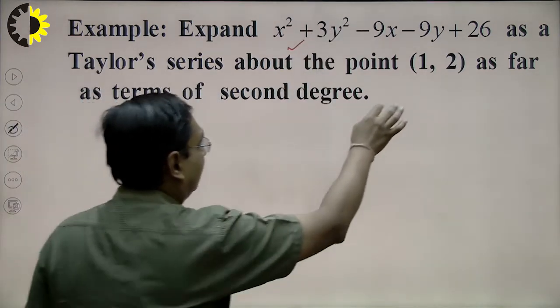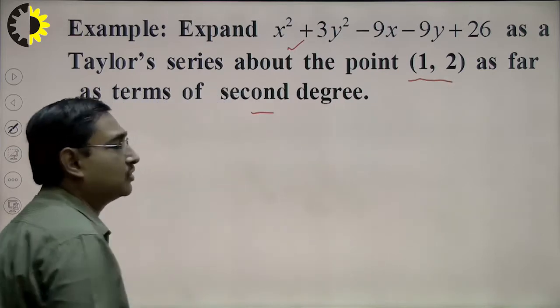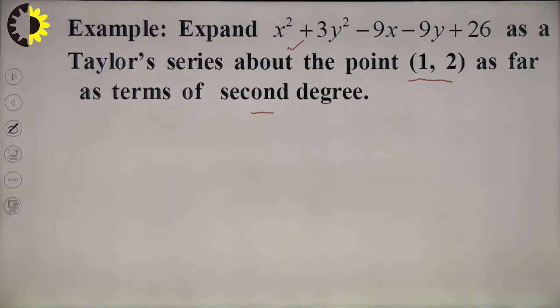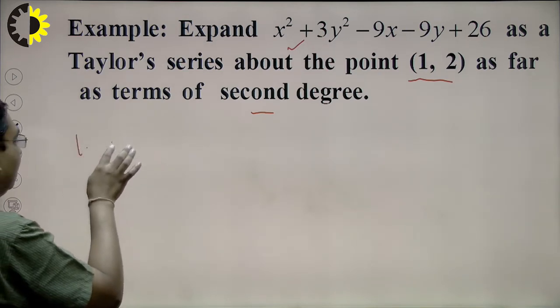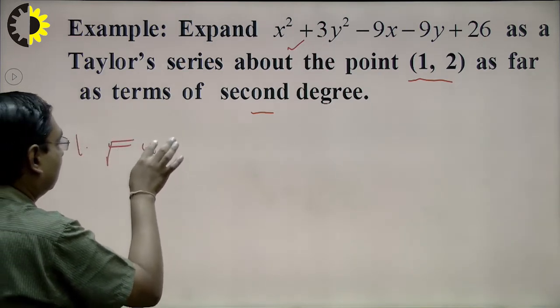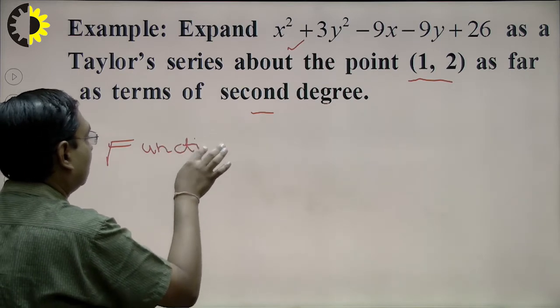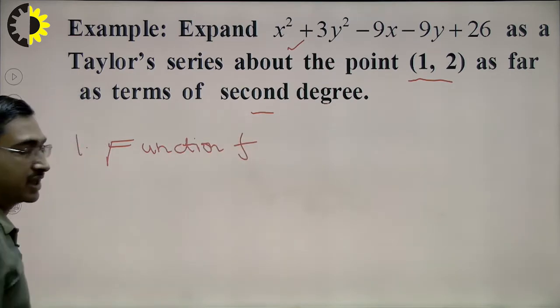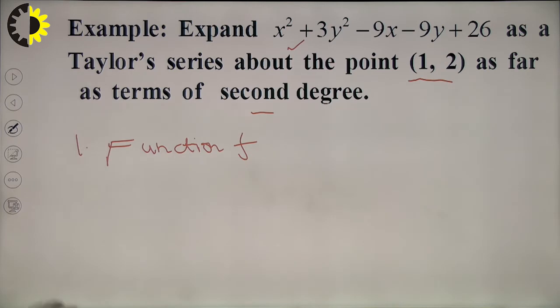We were to expand about this point up to terms of second degree. The information required for expansion of a function is: number 1, the function which is to be expanded, and it will be taken as f.